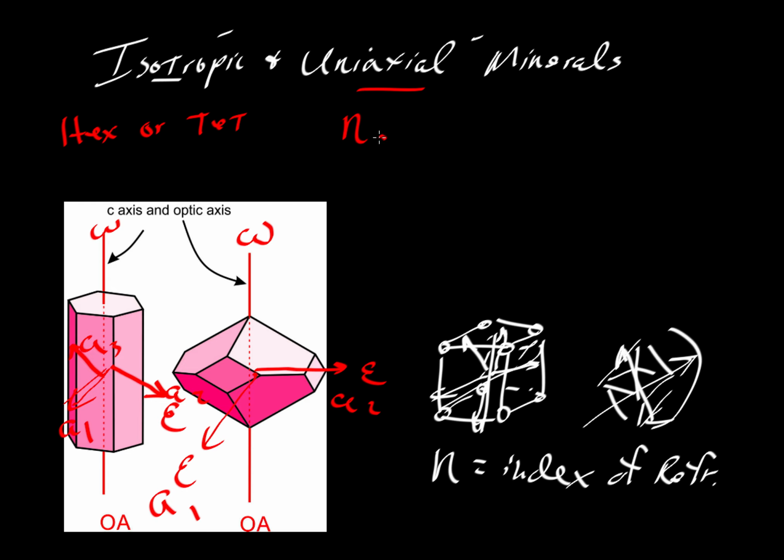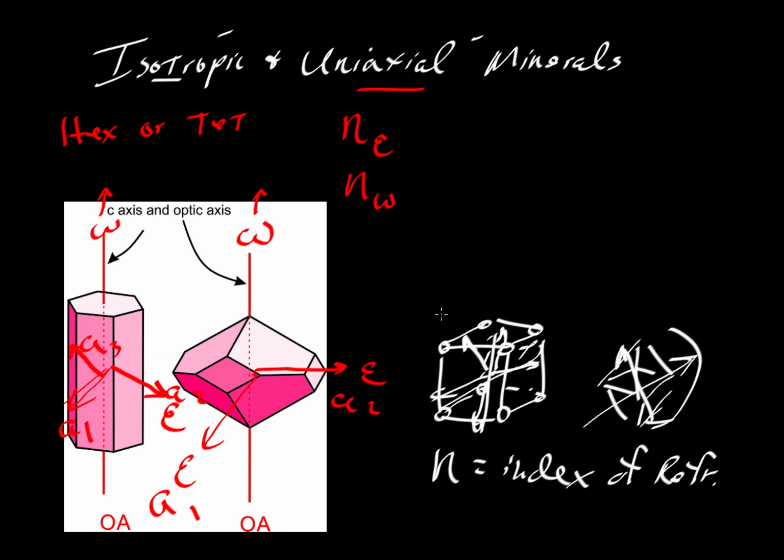So we would have an n epsilon for the velocity of those light waves, or rather the inverse of the velocity for how they travel in the A1, A2, A3 directions, or A1, A2 here, and then the n omega.